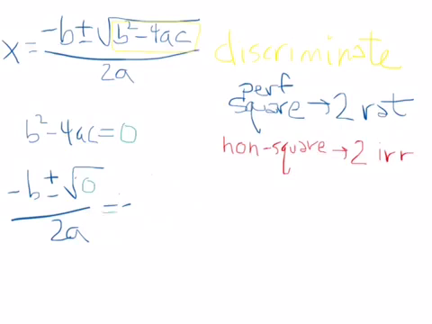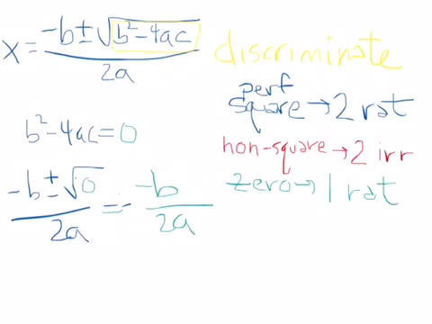The square root of 0 is 0, so that would just end up being negative b plus or minus 0 over 2a. And the plus or minus 0 doesn't really matter. It's negative b plus 0, negative b minus 0. So you just get one solution. That happens twice actually. It has a multiplicity of 2. So if it's 0, we only get one answer, and it's a rational answer.